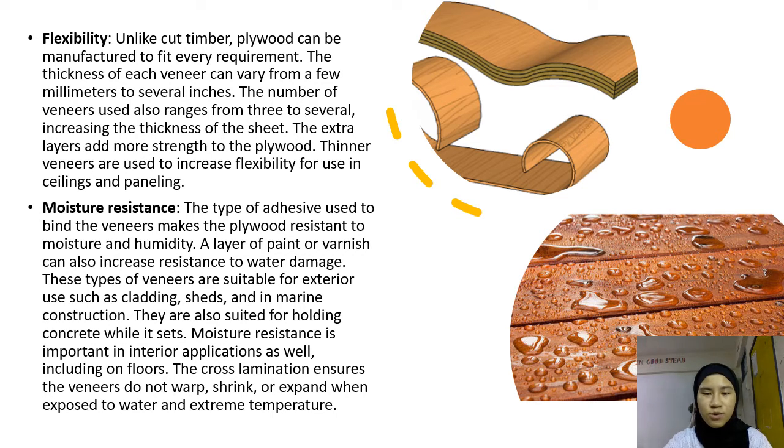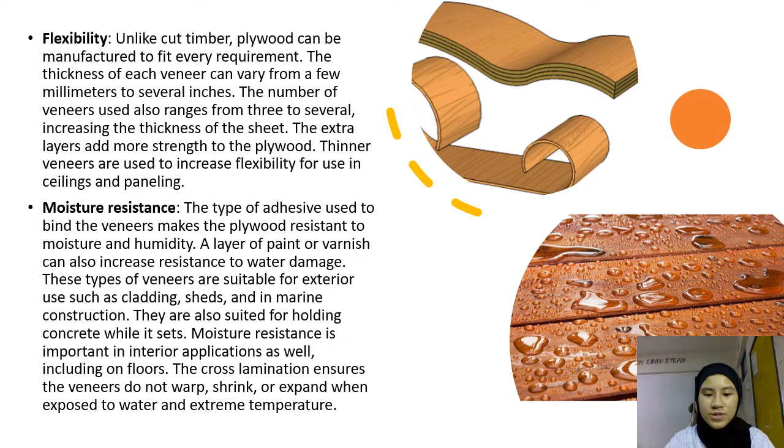Next is moisture resistance. The type of adhesive used to bind the veneers makes the plywood resistant to moisture and humidity. A layer of paint or varnish can also increase resistance to water damage. This type of veneer is suitable for exterior use such as cladding, sheds, and in marine construction.